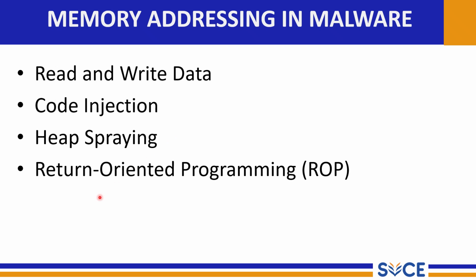The next one is return-oriented programming, which we call ROP. The malware chains together small snippets of code, called gadgets, that end in a return instruction. By carefully crafting the stack, malware can control the execution flow and perform arbitrary operations. So these all come under malware addressing.